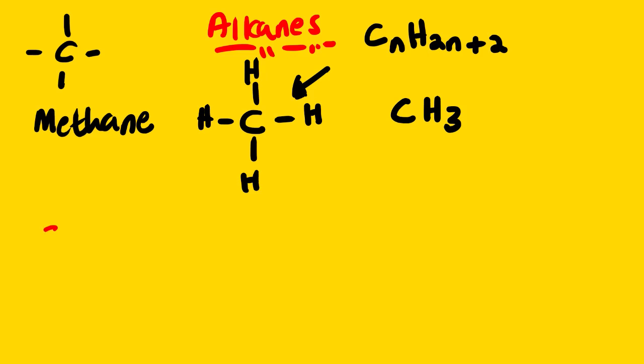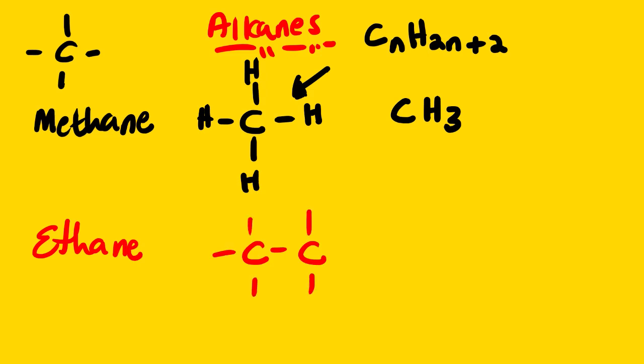The second one is ethane. Ethane, it consists of 2 carbons. It's actually C2H6. This is ethane. The next one is propane, which has 3 carbons.